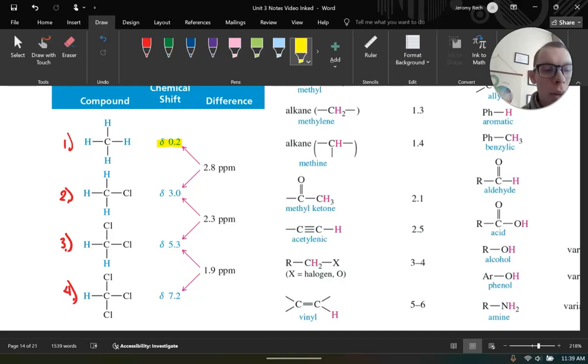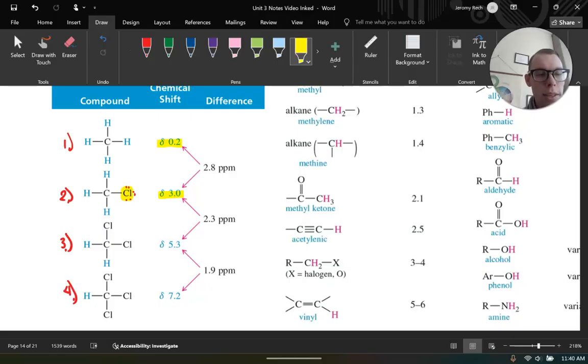Now, if we go in and we start to add something that's electronegative, here we're going to add that chlorine. That chlorine is going to have 3 sets of lone pairs. It's going to be pulling electron density towards it. So this is going to now have a dipole. Those H's are now going to be more exposed because that electron density is being pulled away from them. And we'll see that it shifts to a higher value or more downfield, in this case having a chemical shift of 3.